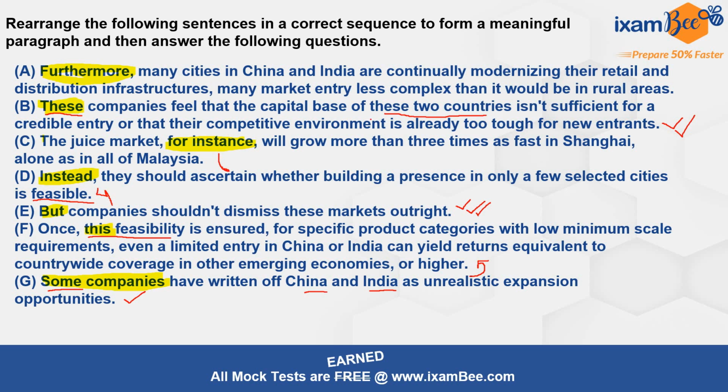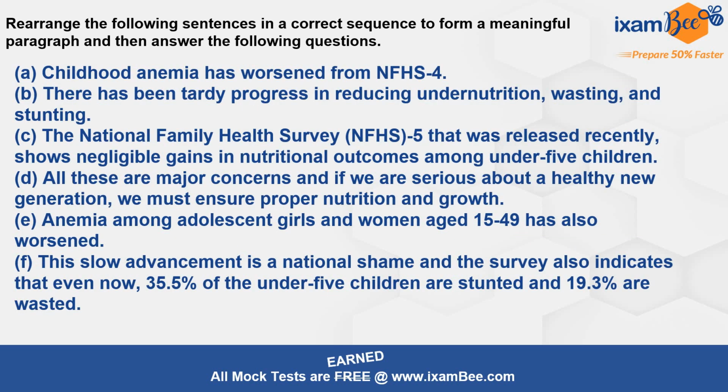And after that, left is A. So this is going to be your seventh statement after C. So the correct order would be G, B, E, D, F, C, A, right? So this is going to be your correct order. Okay, let's move to our next paragraph now. So here is the next paragraph.